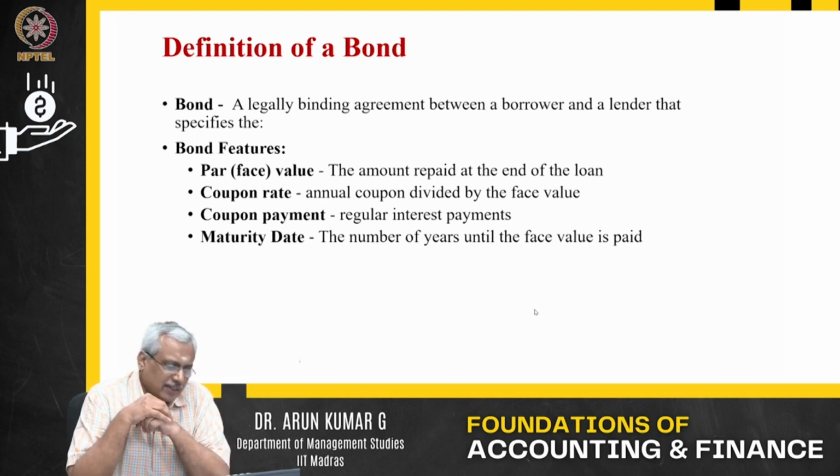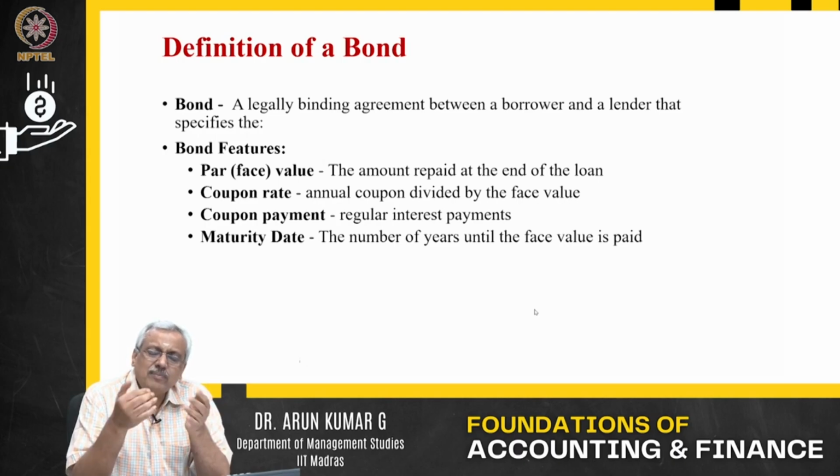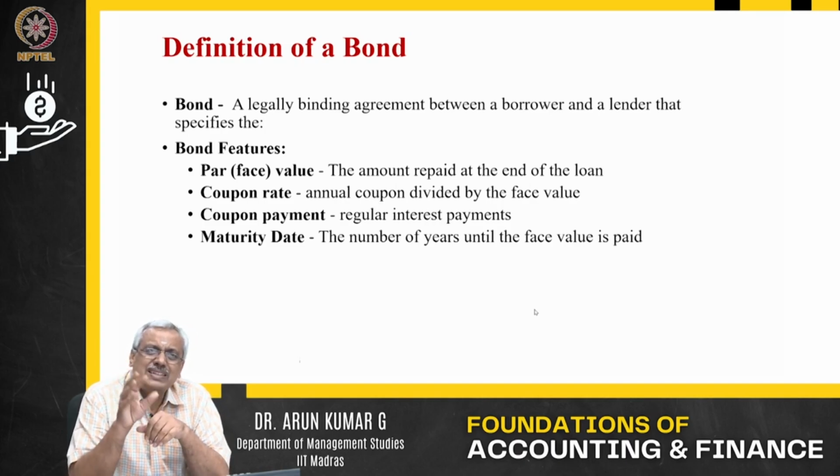Then there is the coupon payment frequency. Is it annual, monthly, or quarterly? Whatever it is, the coupon payment terms and conditions are mentioned when they issue a bond.